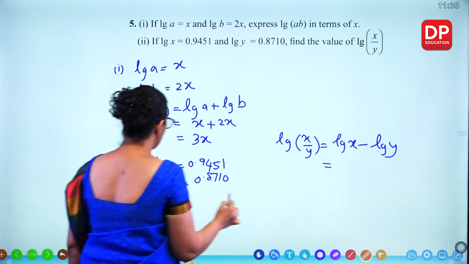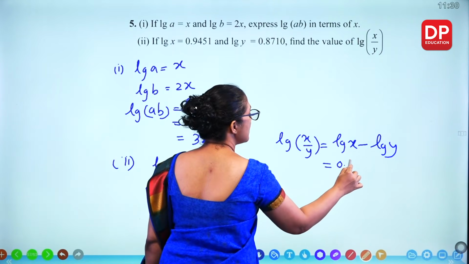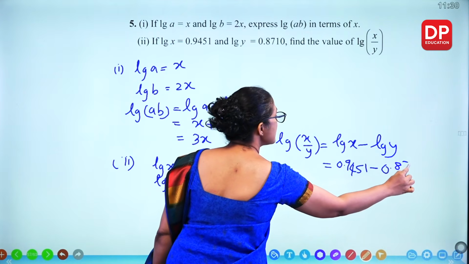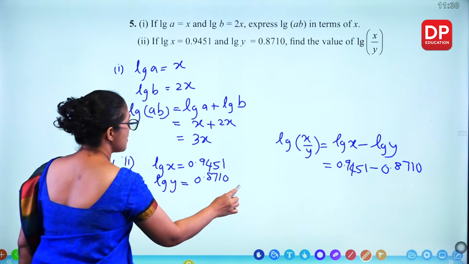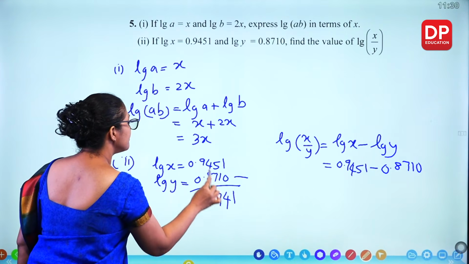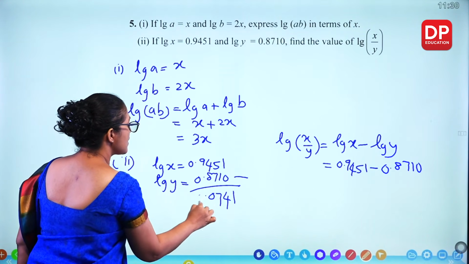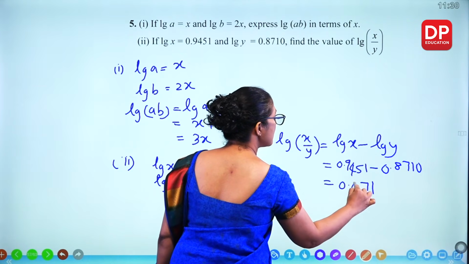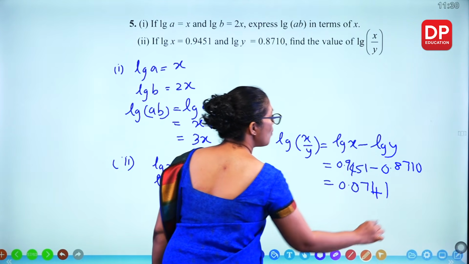Then you can substitute 0.9451 minus 0.8710. We'll subtract here. You get 0.0741.